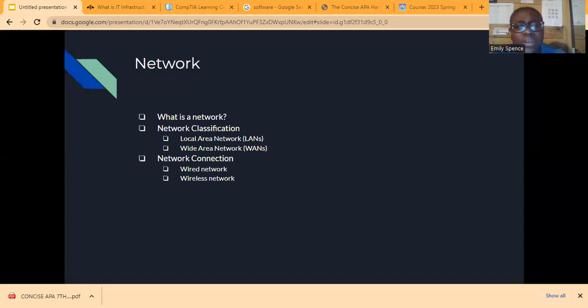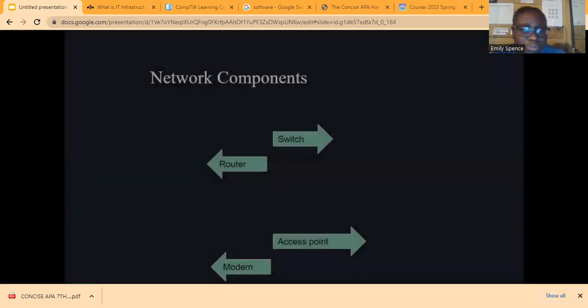These are usually owned by telecommunication companies and internet service providers. Networks can be either wired or wireless. Wired networks are connected by Ethernet cable, while wireless uses Wi-Fi, that is radio signals, to establish the connection and can access a range of about 30 meters.